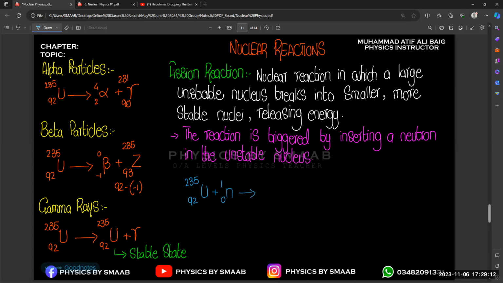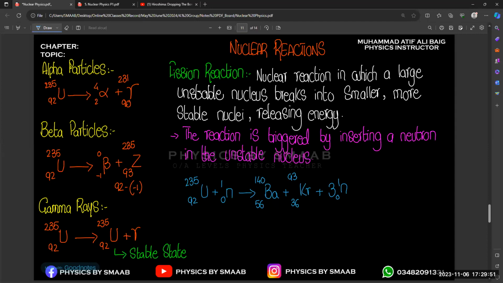So it splits into, can you identify the element Ba? What is the name of the element? This is barium, plus krypton, plus three more neutrons. And basically it works like a chain reaction.